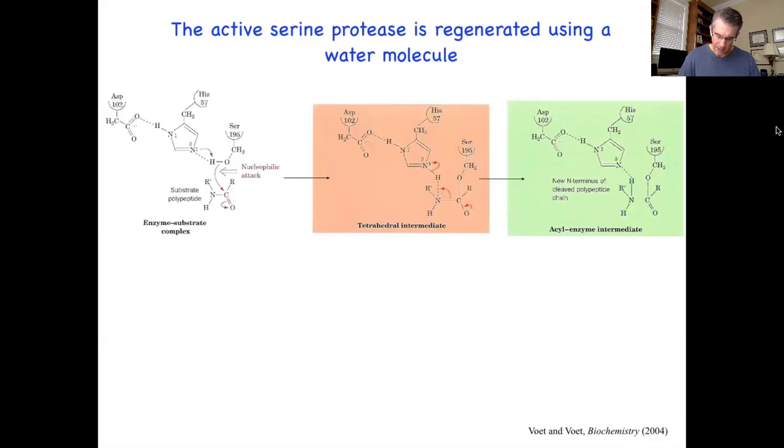This splits this bond. Now, because there was a proton hanging out here on the imidazolium, which is perfectly happy to donate back if there's something ready to take it up, the developing nascent primary amine on the amino terminal side of the clipped bond is a perfect place for that proton to now come back.